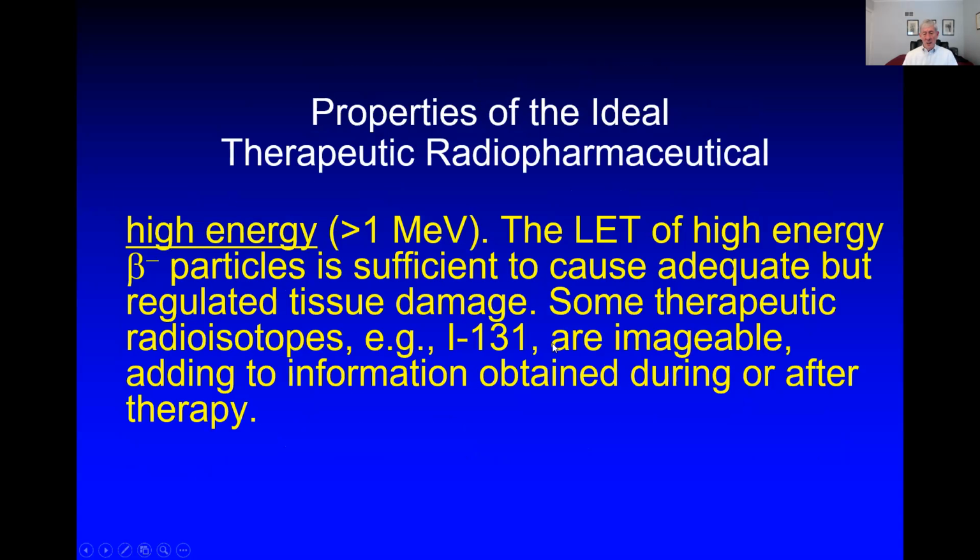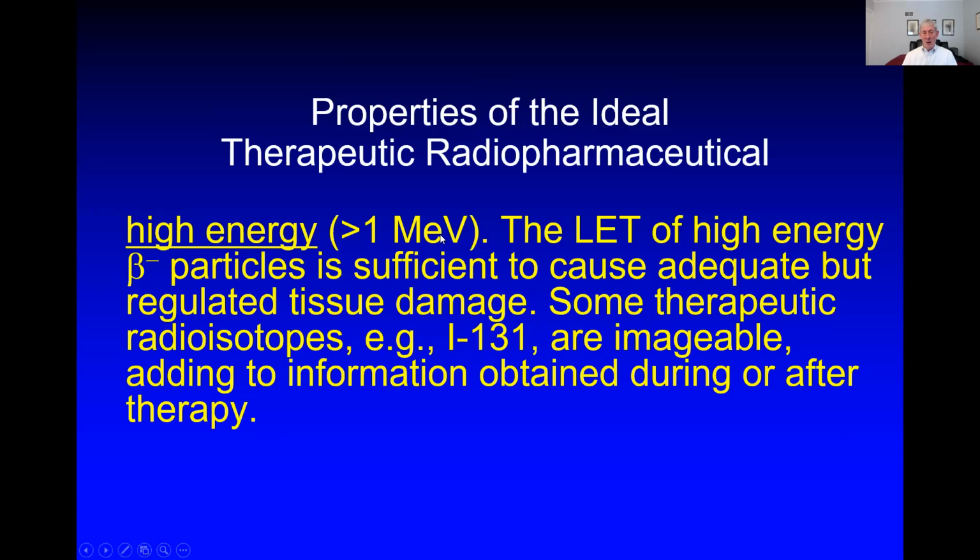Secondly, what do we say diagnostically? 100 to 250 keV. That range came from the fact that we're using a piece of equipment to form an image. Here, there is no equipment. We're injecting or giving an oral dose to the patient, saying, goodbye, go home, good luck. We want the highest energy we can get. We want beta particles that are 1 million electron volts or higher.